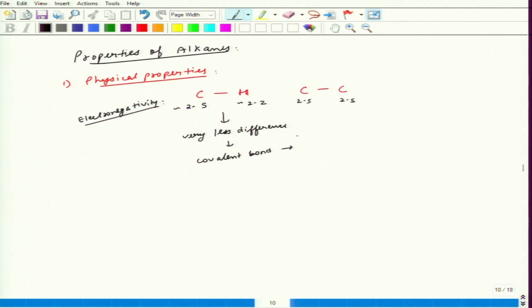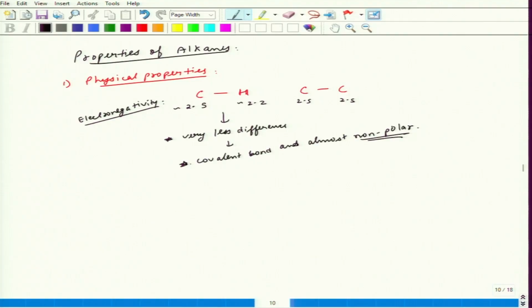And these bonds are almost non-polar. So these are the one or two things that will decide the properties of the hydrocarbons, the alkanes.